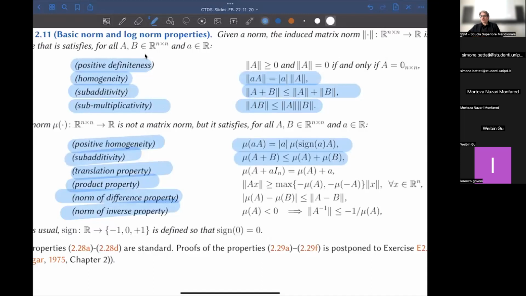Here's another property that is true. The spectral radius of the matrix is a non-convex function of the matrix entries, and the same is true of the spectral abscissa. The induced norm and induced log norm are upper bounds of the spectral radius and spectral abscissa, and they're both convex.